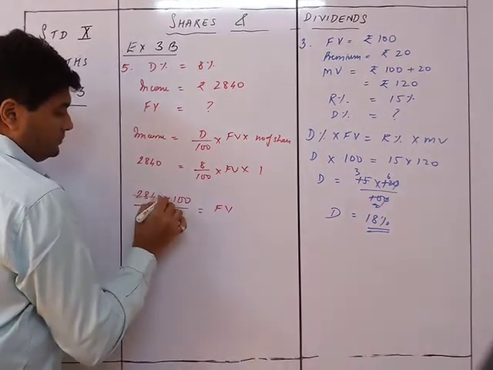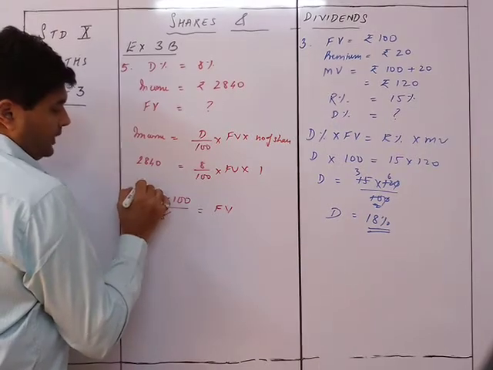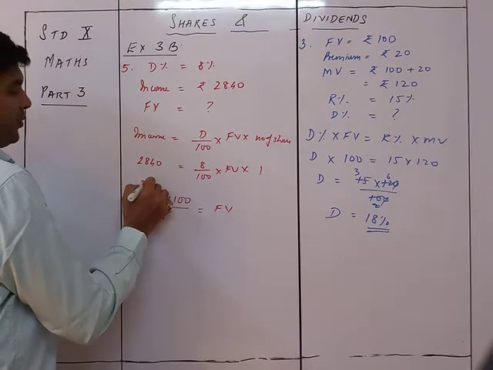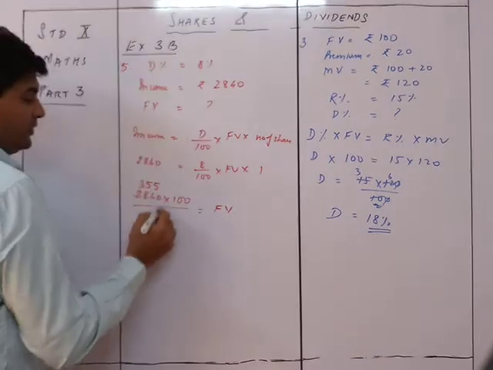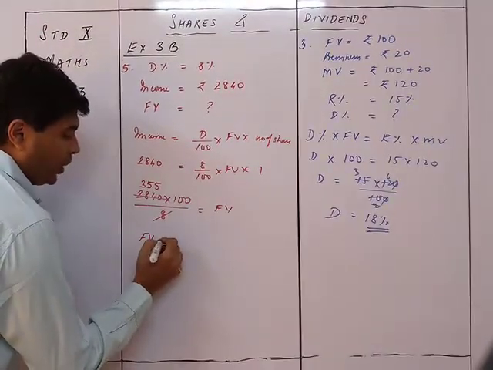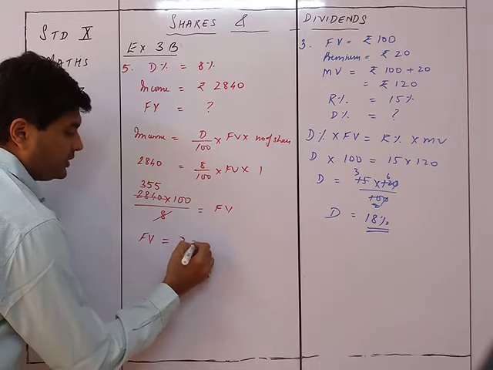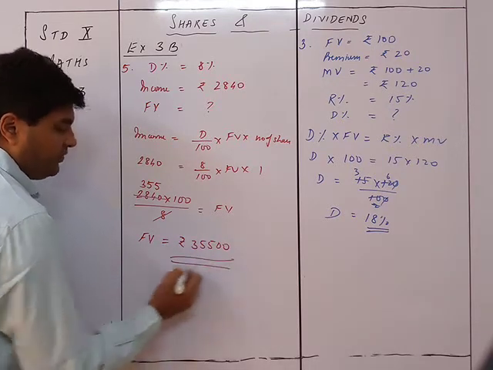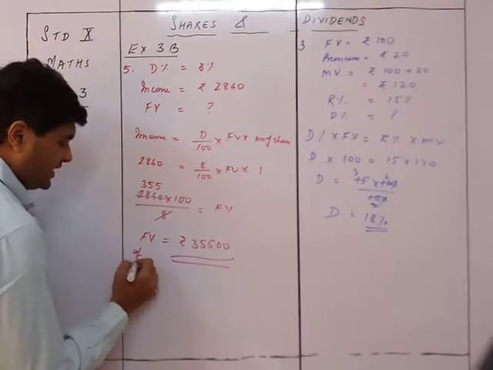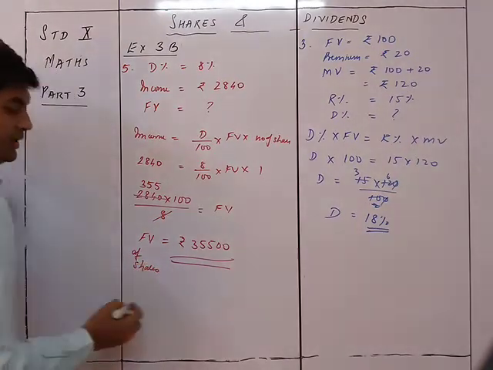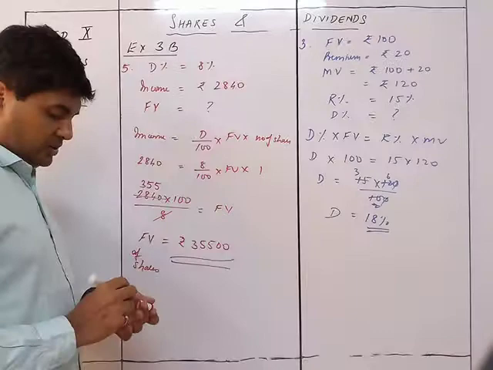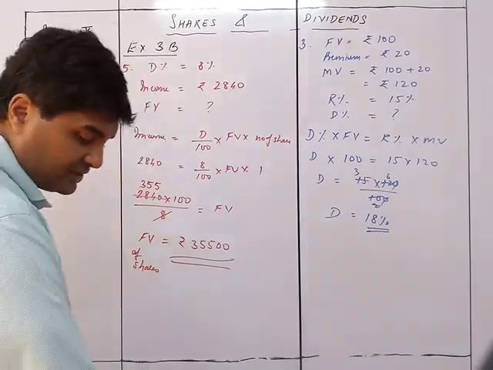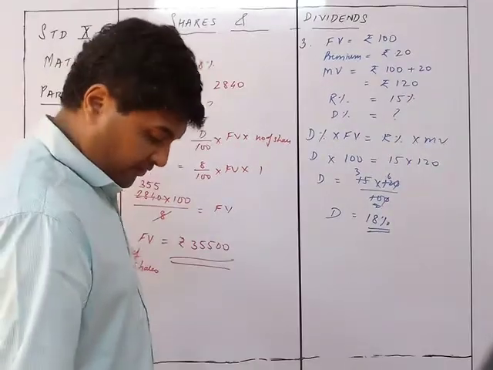So 8 3s are 24, 44 will be, 8 5s are 40, again 40 will be 5. So therefore FV of shares will be rupees 35,500. That's the answer for question number 5.